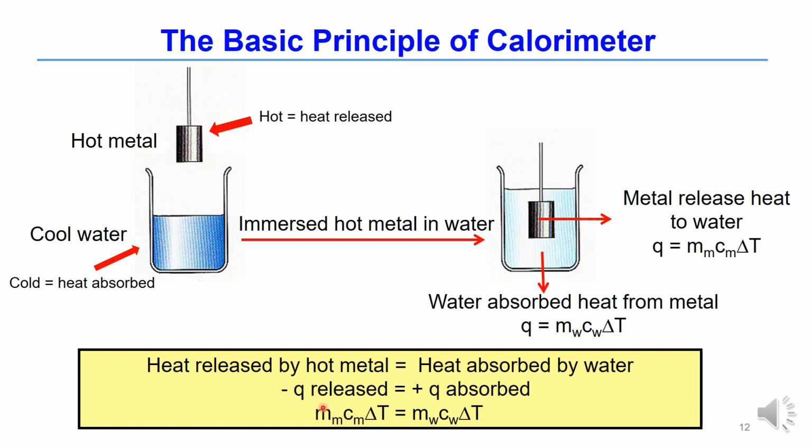The formula is m, small letter c, delta T. This one is for the hot metal, and this one is for the cool water. So the mass of hot metal times the specific heat capacity of hot metal times delta T equals the mass of water times the specific heat capacity of water times delta T.